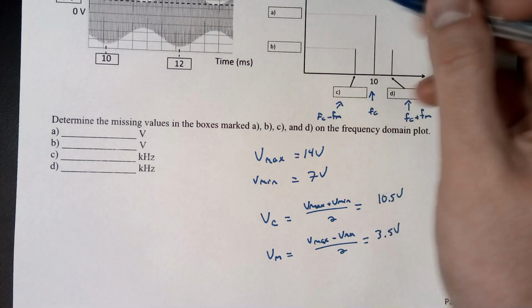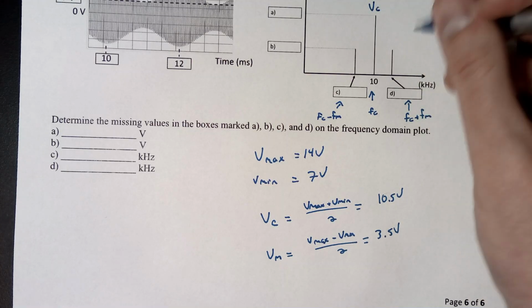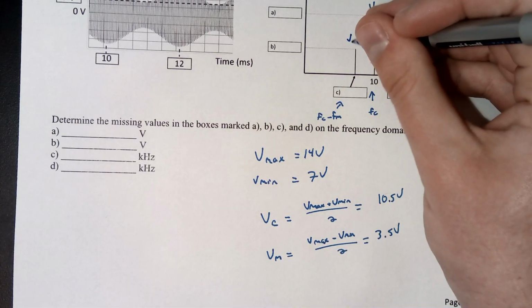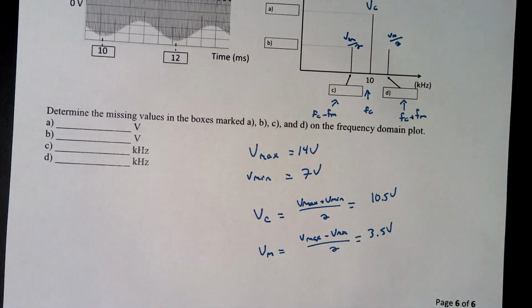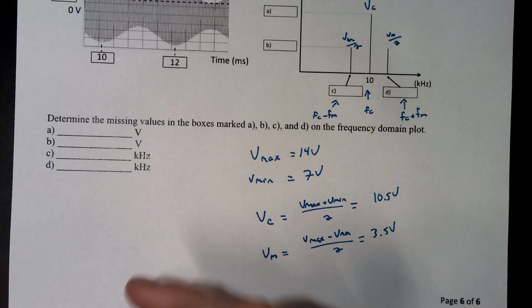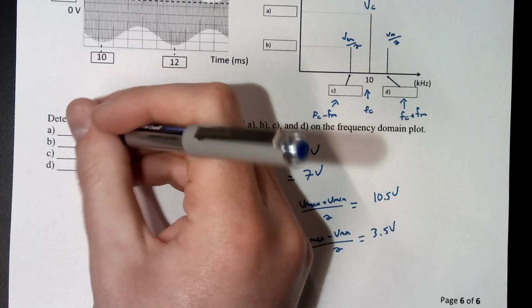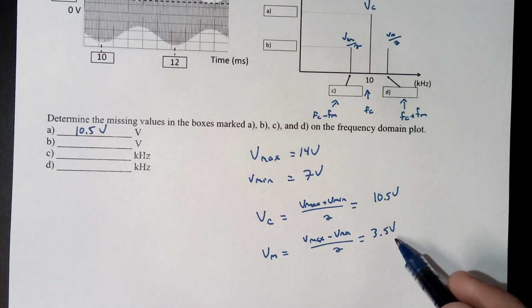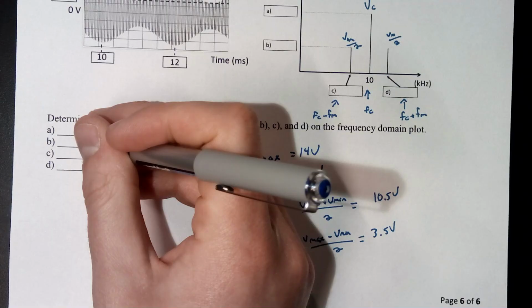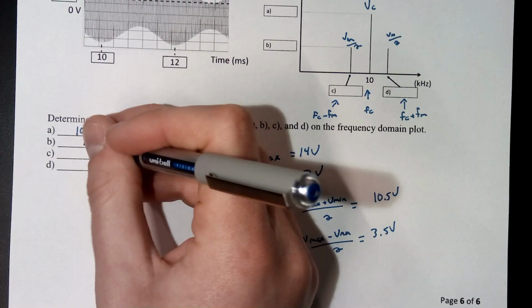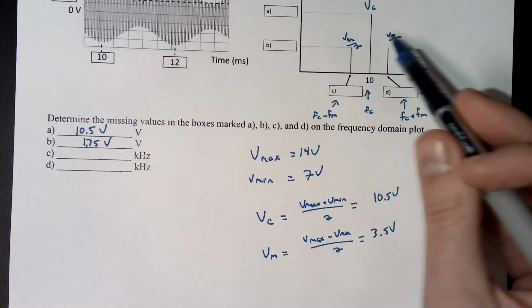So A is going to be Vc, and then for these, we can either just know this, or if you really want to derive it on the exam, you can, it is Vm over 2. And so we've got our value for A already, that's 10.5. We've got to calculate a little bit more to get Vm divided by 2, and that's going to be just 3.5 divided by 2, so 1.75 volts for our values here.